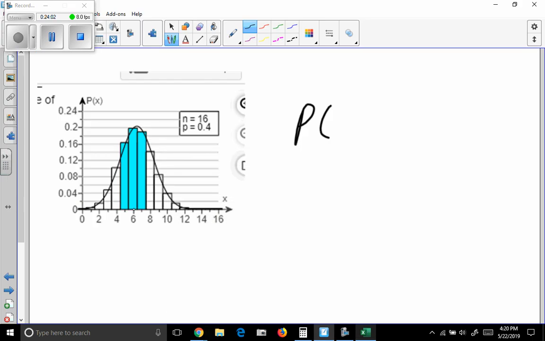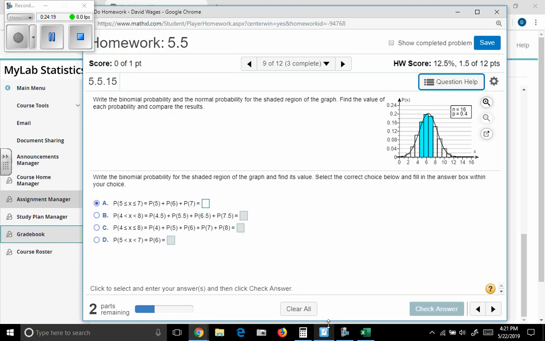So this is the probability of 6 successes, 5 successes, and 7 successes. So we're looking, what is the probability that X is between 5 and 7 and includes those? So that's the first part of the question. It's the probability of 5 plus the probability of 6 plus the probability of 7.